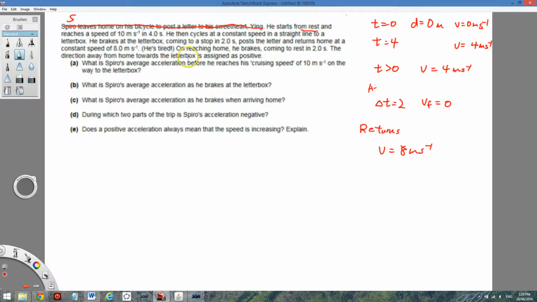Then when reaching home, he brakes, coming to rest in 2 seconds. So when he reaches home, in 2 seconds of time, his final speed at home will be 0 meters per second.